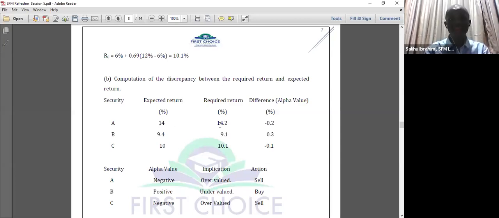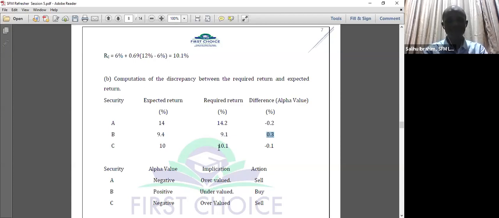Now, look at this now. Look at our expected return on stock A and look at the required return. What is happening? You see that the difference is negative. Please, the sign of the difference is very, very important, okay? Because it will determine the decision you are going to make. Look at the expected return on B and look at the required return. What's happening? We have a 0.3 positive.